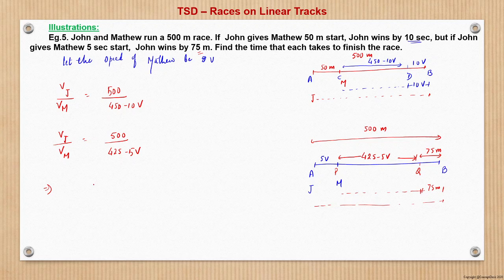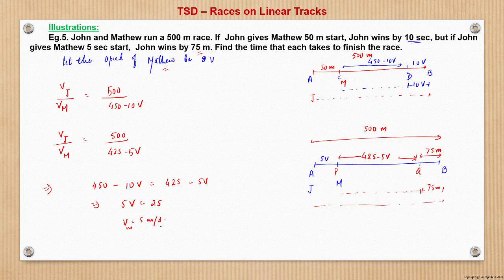So it will be 450 minus 10v is equal to 425 minus 5v. From here we get 5v is equal to 25. So v is 5 meters per second. So we have obtained the speed of Matthew, which we had assumed as Vm. Now we have to find the time taken to finish the race.